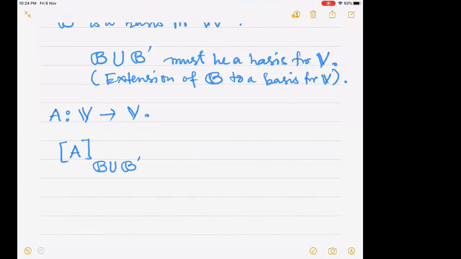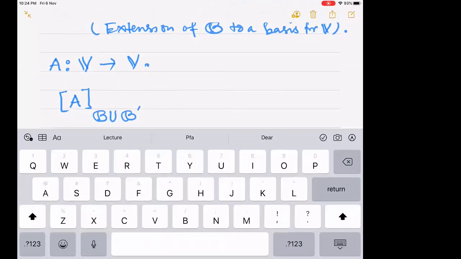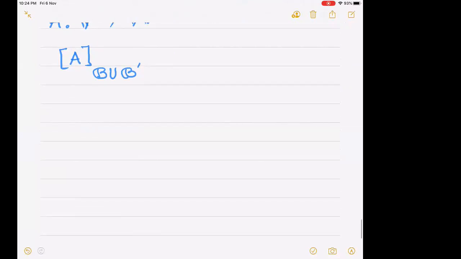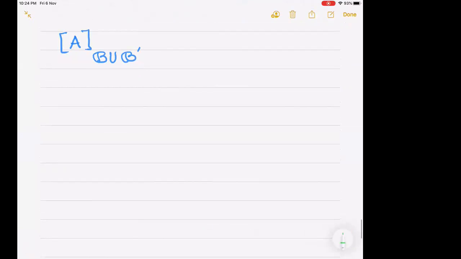Right? If we are dealing with tuples, if you feel more comfortable with tuples and matrices, then what we are doing here is this. Let me put it in bracket, in a different color. This is the same as what we are trying. So B is, let's say, some vectors v1 up to vk, and B prime is equal to vectors vk+1 up to vn, right?